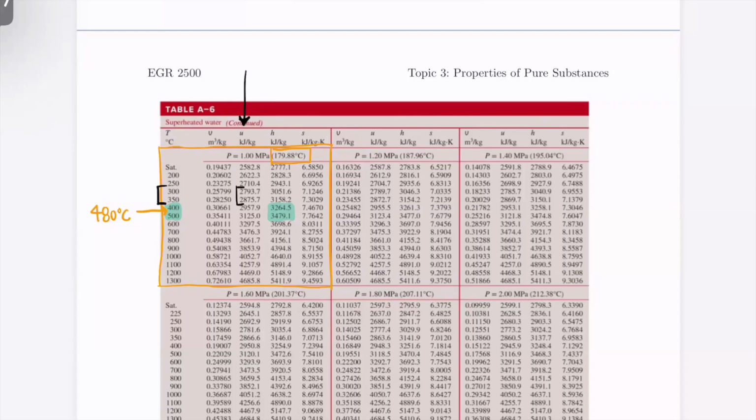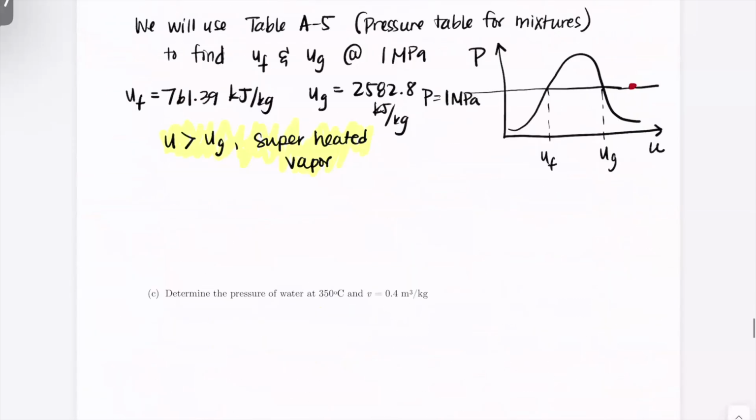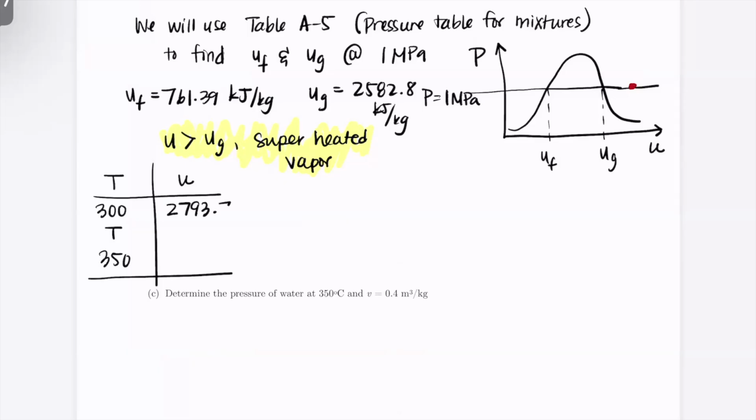Okay, so let's do our interpolation. All right, so we have temperature and then internal energy. We've got our values between 300 and 350, and then we want to find T. Our internal energy for 300 is 2793.7 kilojoules per kilogram.